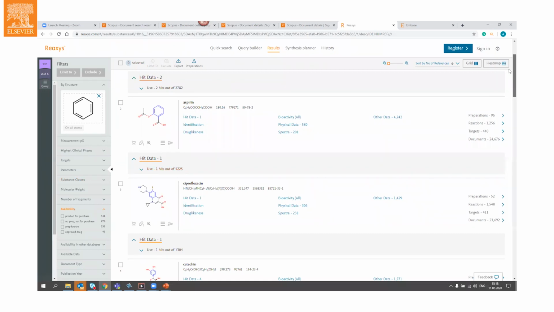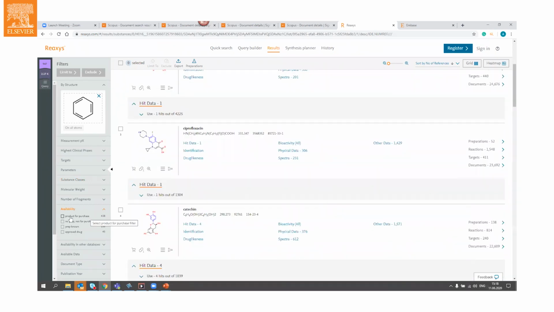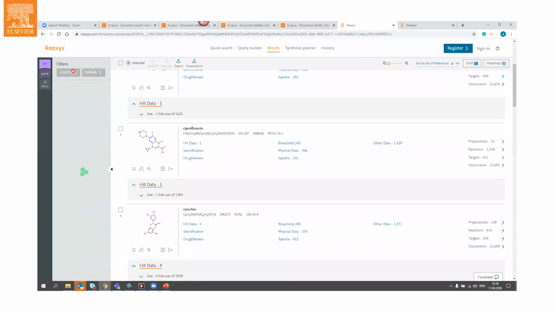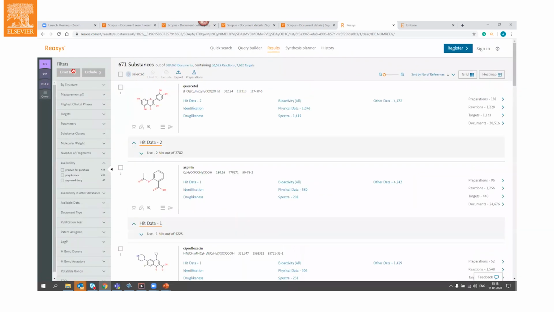It's a very interesting point because here you can select the compounds which are available for purchase, which have available preparation, and which are even approved drugs. Or you can remove the substances for which neither preparation nor purchase is available. Let's limit to them and see additional capabilities of Reaxys.